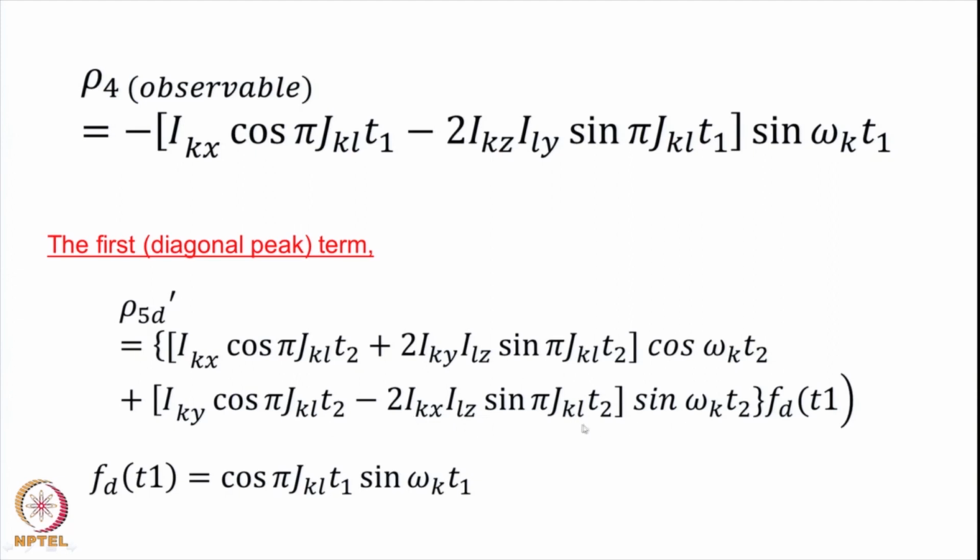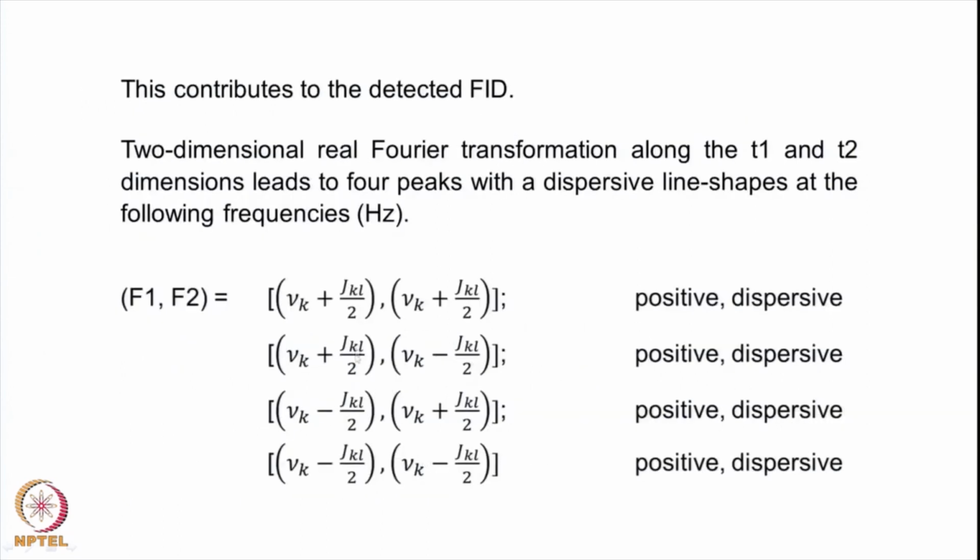And similarly, in the T1 period, if you take the Fourier transformation, this will produce two frequencies, omega k plus pi jkl along T1 and omega k minus pi jkl along T1, which means after Fourier transformation you will get those frequencies in your spectrum along the F1 axis. These ones you will get them along the F2 axis. So, this is represented here.